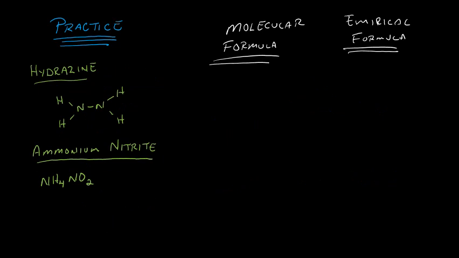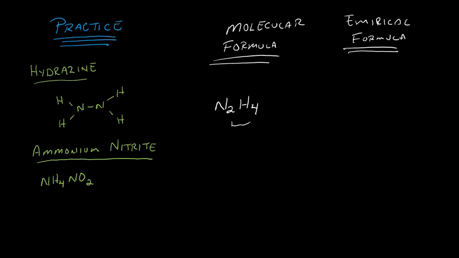All right, let's look at hydrazine, which has 2 nitrogens in the middle and 4 hydrogens around it, and the ionic compound ammonium nitrate. Go ahead and hit pause and write molecular and empirical formulas for those 2 compounds. All right, hydrazine, you can see there are 2 nitrogens in the middle and 4 hydrogens around the periphery of the molecule.